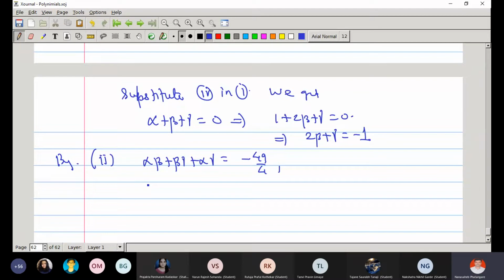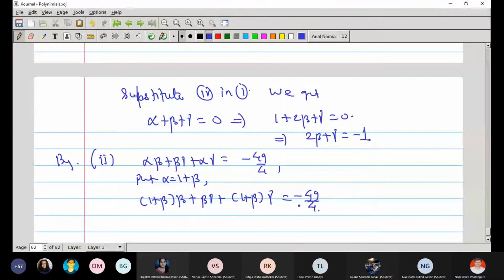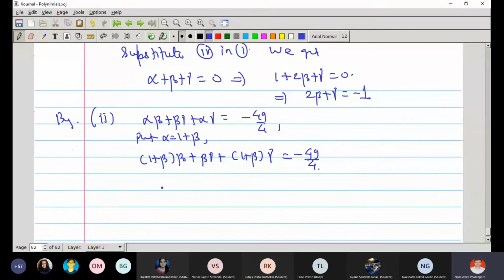Then 1 plus beta into beta, plus beta gamma, plus 1 plus beta gamma is equal to minus 49 by 4. So do it one by one. See what happens: beta plus beta square plus beta gamma plus beta gamma is equal to minus 49 by 4.